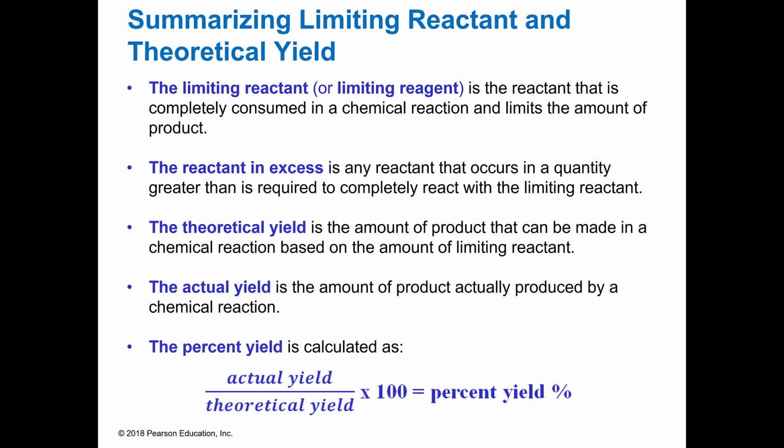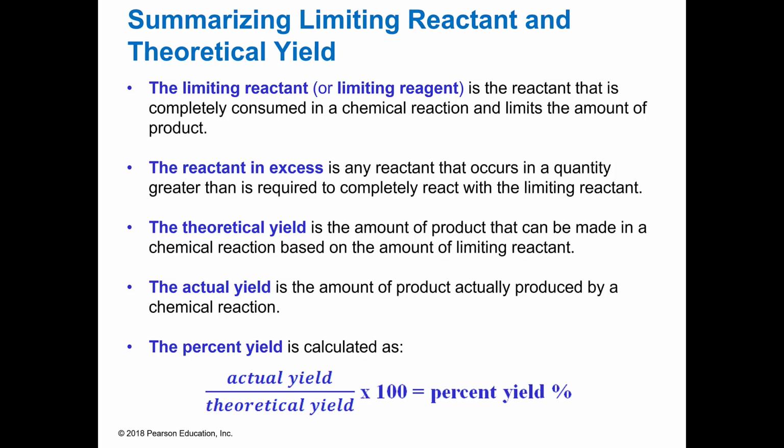So the limiting reactant or reagent is what is going to be completely consumed in the chemical reaction. And so it limits how much product I can make. The reactant in excess is the one that I have left over after I do this reaction. The theoretical yield is how much product can be made in the chemical reaction based on the limit.